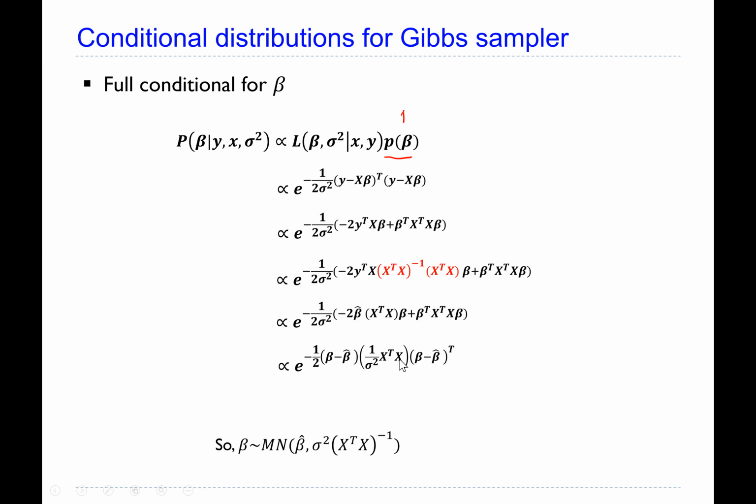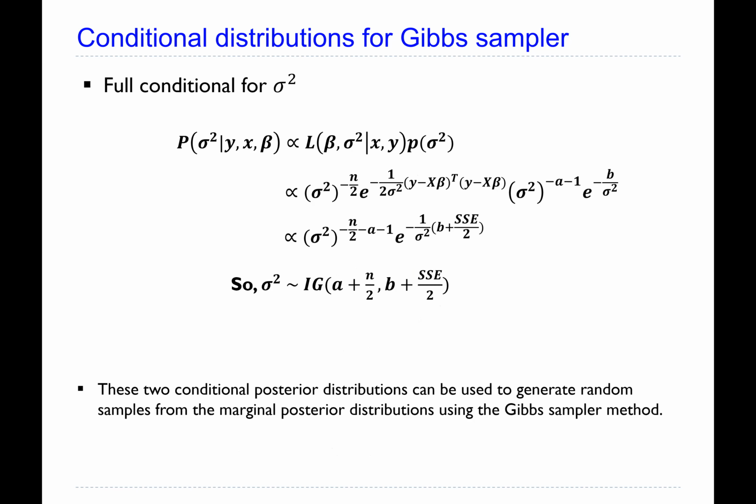So the conditional posterior distribution of beta given sigma square, x and y follows a multivariate normal distribution with mean beta hat and variance covariance matrix sigma square times x transpose x inverse. This is a conditional posterior distribution because it depends on sigma square. If it didn't depend on sigma square, it would be the marginal posterior distribution of beta.